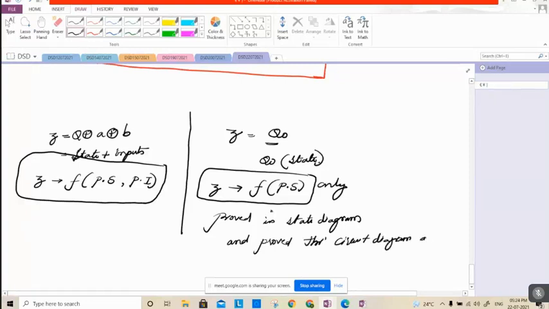Will you agree with this? This is also proved in the state diagram and proved through the circuit diagram. Will you agree with this?